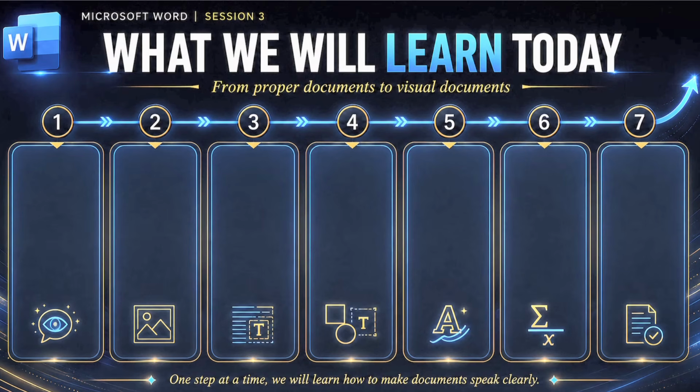You only need to take the next step, then the next one, and then the next. That is exactly how we will learn today. One step at a time, one idea at a time, one skill at a time. And every step has one purpose: to help your document communicate more clearly, more professionally, and more effectively.